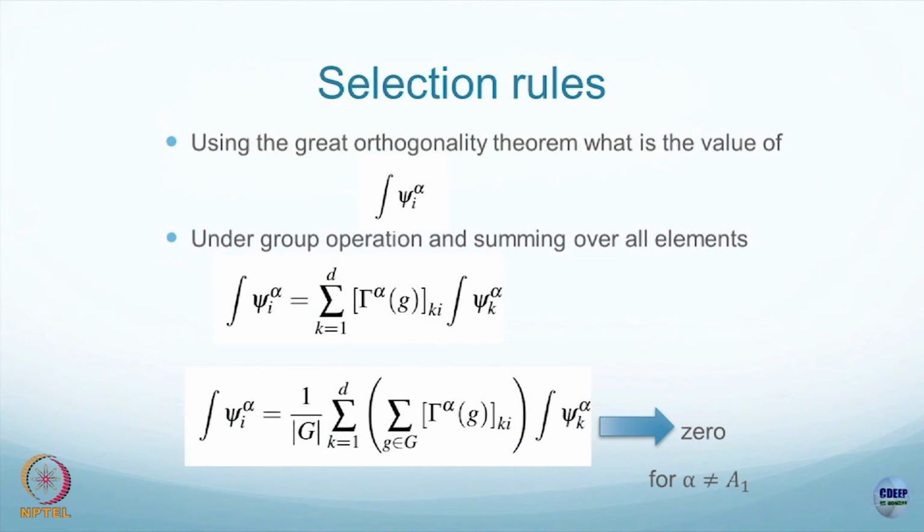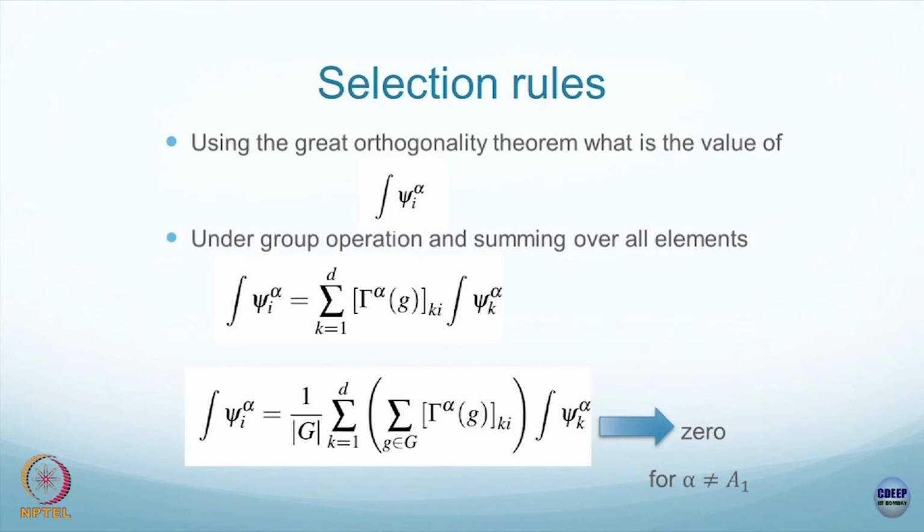Is that clear? So, that is what is the last line, that this bracketed piece, by great orthogonality theorem, will be non-zero only for A1, it will be 0 otherwise. Clear?